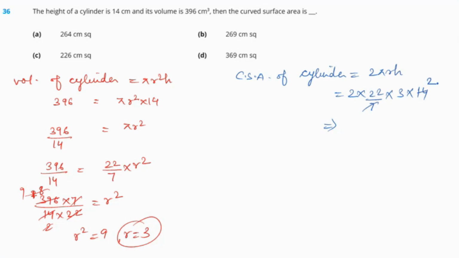This we can cut 2 times. And after solving the entire thing, that is going to be 4 times 22 times 3, we will be getting 44. Okay, we are going to get 264 centimeters square. Okay, so option A needs to be the correct answer.